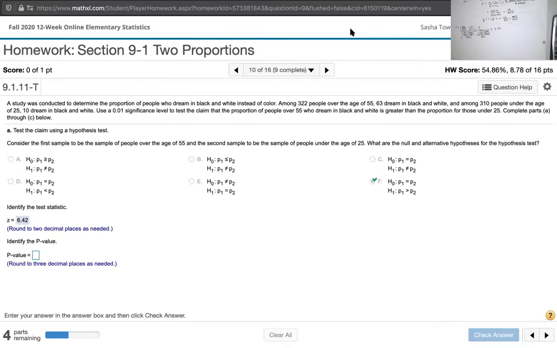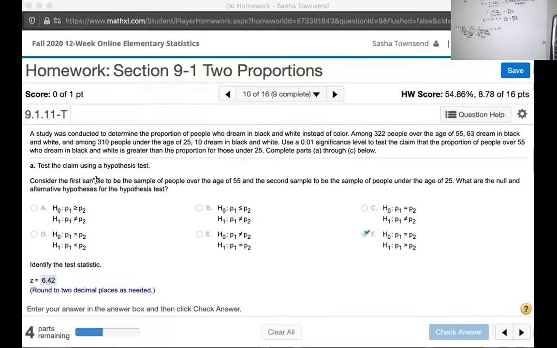Let me show you how to do that in Excel. If I wanted the area to the left of z equals 6.42, I would type equals norm.dist, open parentheses, 6.42 for my z-score. Then I enter the mean of the distribution, the standard deviation, and true, because we want the area to the left. Of course, we're assuming a standard normal distribution.